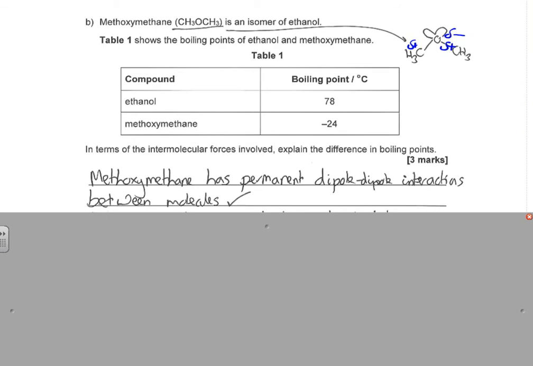And my first mark is for that, recognising the intermolecular forces between methoxy methane, and you can see here permanent dipole-dipole interactions between molecules. Now there is an extra circumstance you can bring in here, because this is an unfamiliar molecule and it was taken from an AS exam paper where the mark schemes have a greater degree of leniency. You were allowed a mark if you said there were van der Waals forces between molecules.